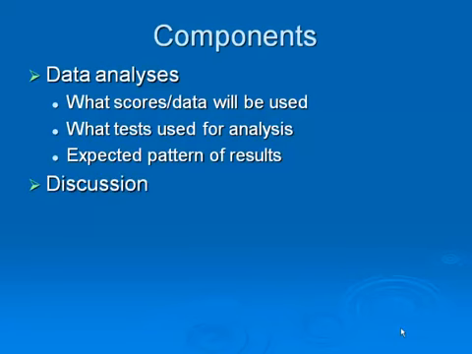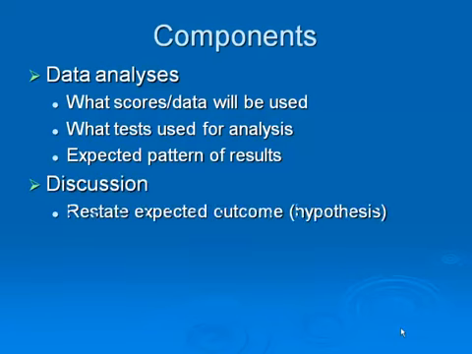The discussion section then has some overlap. You can restate the expected outcome, which is your hypothesis, right? But not in terms of scores. So in the data analysis section, you may say it's expected that individuals who receive higher scores on the BDI-2 depression inventory will report having missed more days of work during the 2-month period of observation.